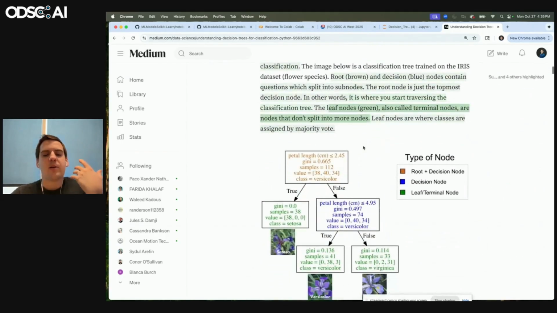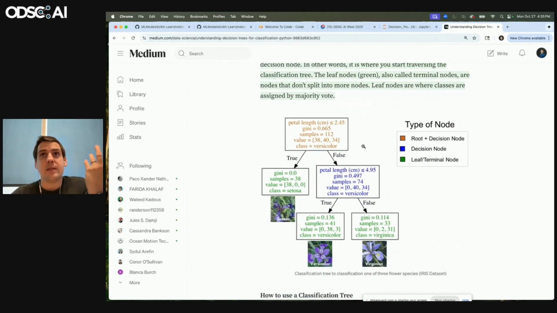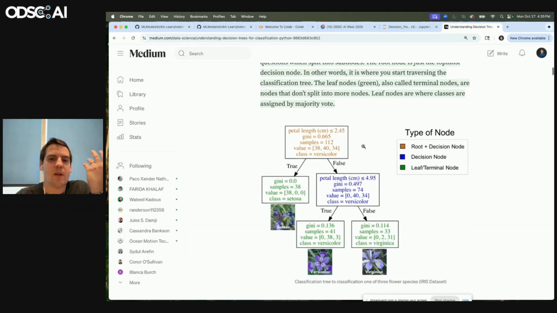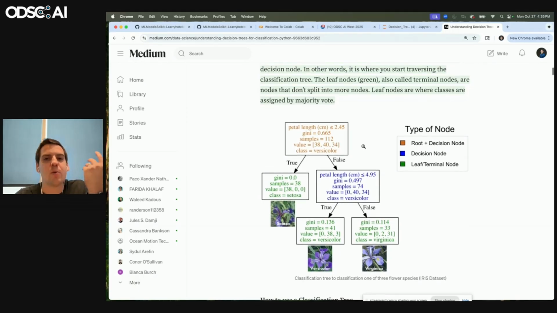I want you to understand that in Scikit-learn, you can use a model you haven't seen before, and that's perfectly fine. But the issue you often encounter is that you don't understand the underlying theory behind it, and you can have a lot of issues that you normally wouldn't have if you understood the theory.